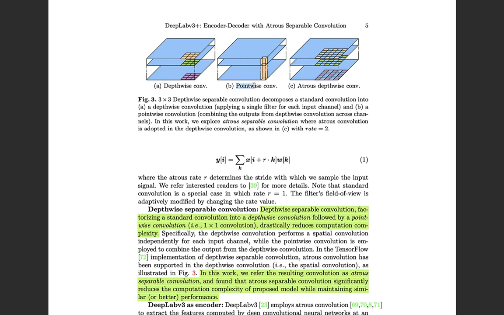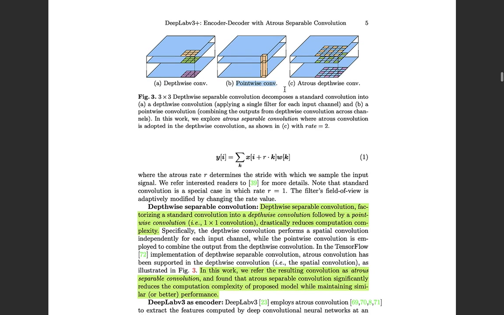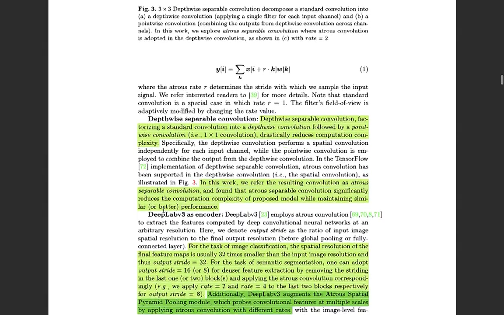Then we apply the point-wise convolution, which is a one-by-one convolution, to generate the number of channels that we want. And we're going to explore another variant of this method, which is the Atrous depth-wise convolution. Everything is the same, and we just change the rate of the convolution. And by rate, I mean we dilate this kernel, and that would give us something like this.